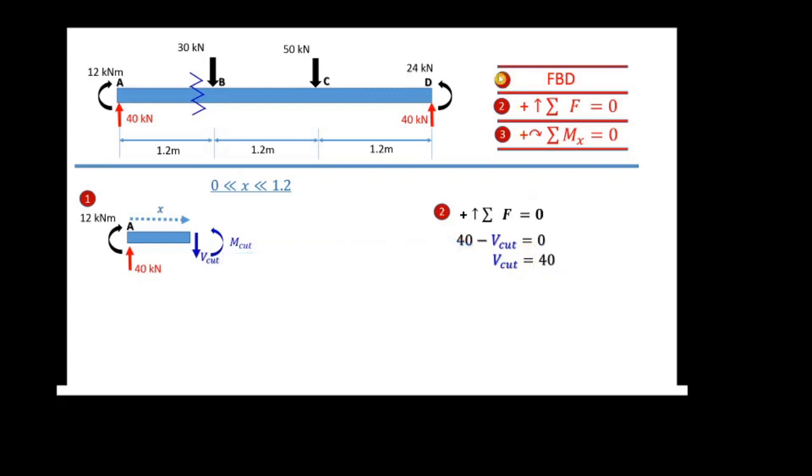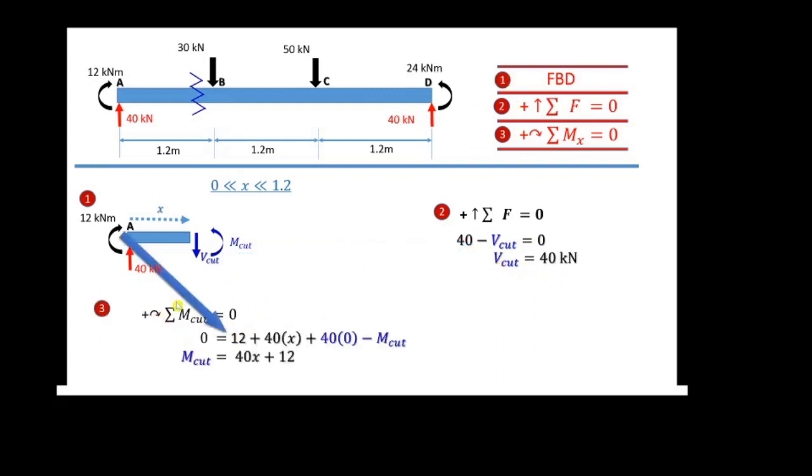So we go to the third step, summation of moment. We go to the 12. Directly we can get 12, and this one we declare as a clockwise direction. The M is defined at the cut point 12. 40 multiplied with d, the distance.